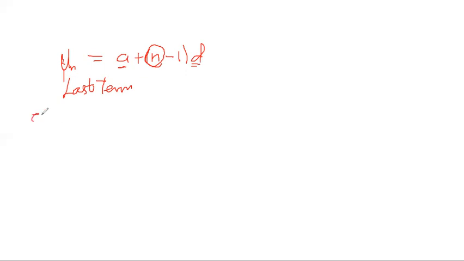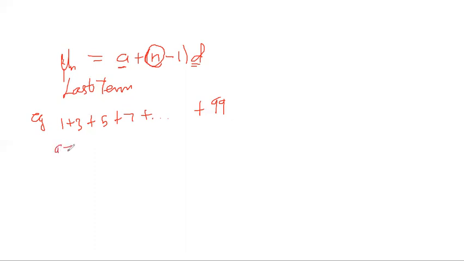So for example, if I have 1 plus 3 plus 5 plus 7 and then up to 99, and I want to find out how many terms there are, I'm going to use the formula.